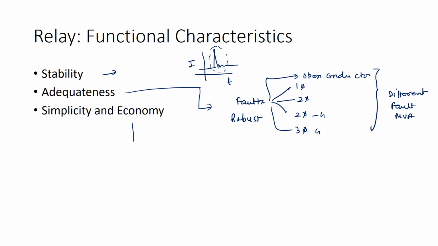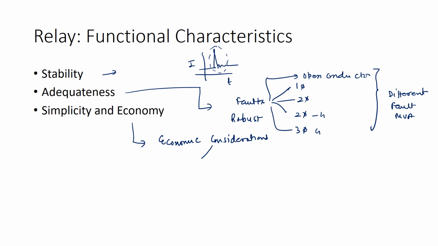Now the third one is that the relay design should be simple and economically feasible. In addition to all the important qualities, it is necessary that the cost of the system should be well within limits. Economic considerations mean that our protection system is not very costly.